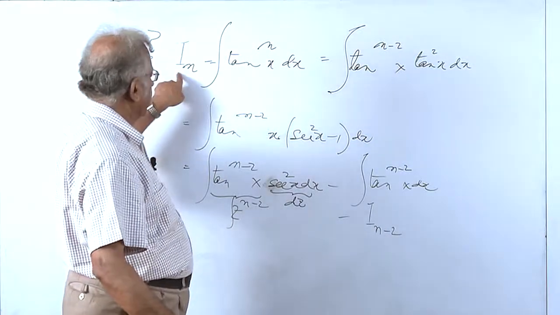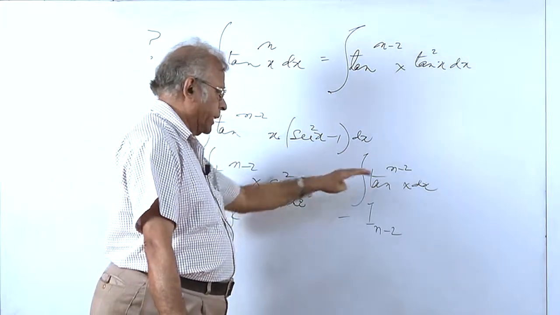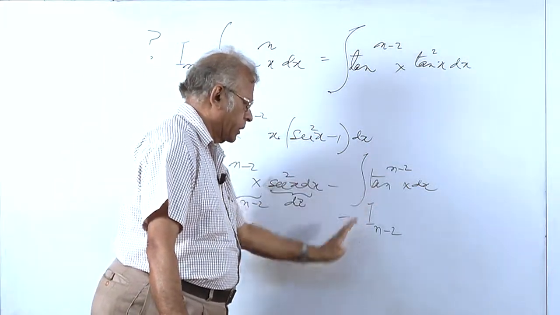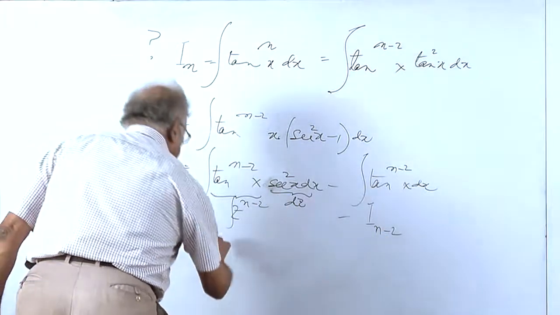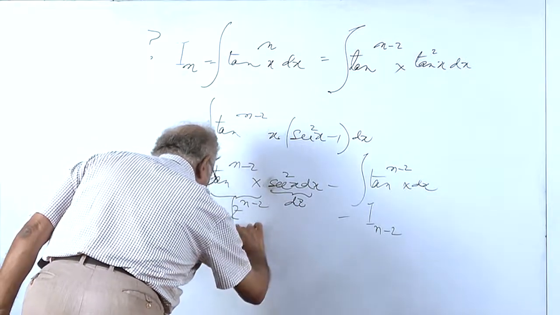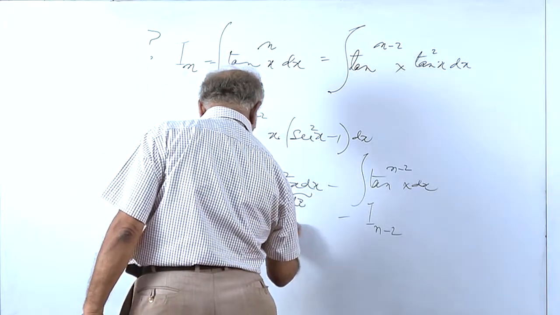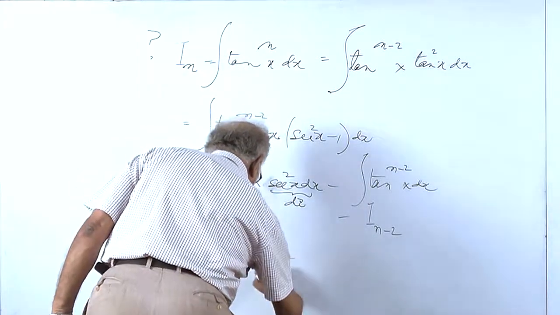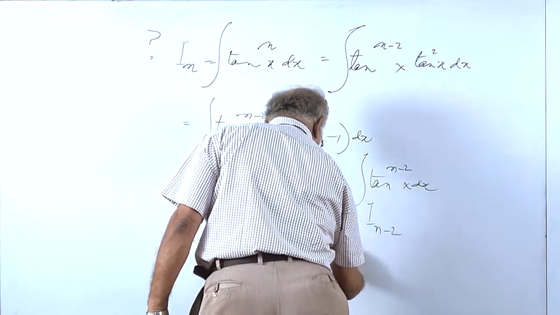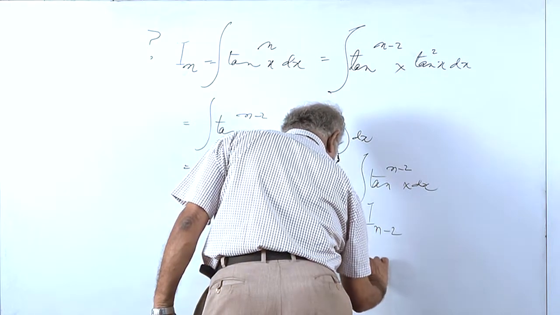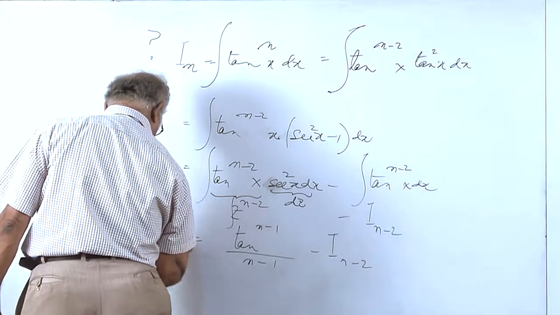If I sub n is tan x to the power of n, then it stands to reason that tan x to the power of n minus 2 is I sub n minus 2, nothing more, nothing less. So this can be integrated as tan x to the power of n minus 1 divided by n minus 1 minus I sub n minus 2. This is I sub n.